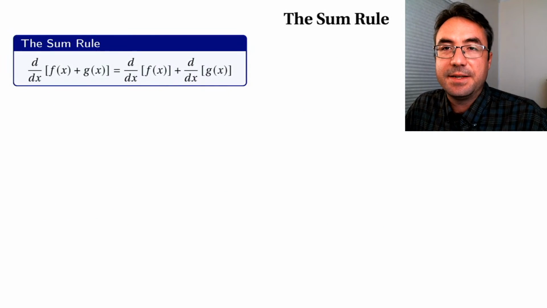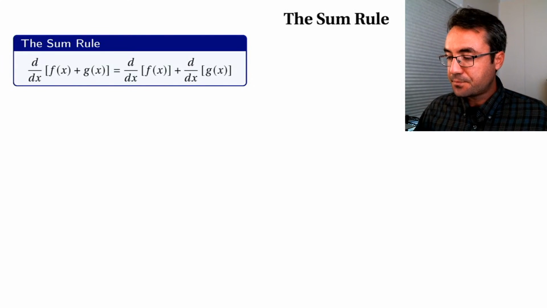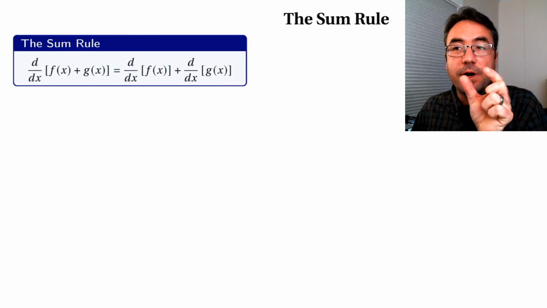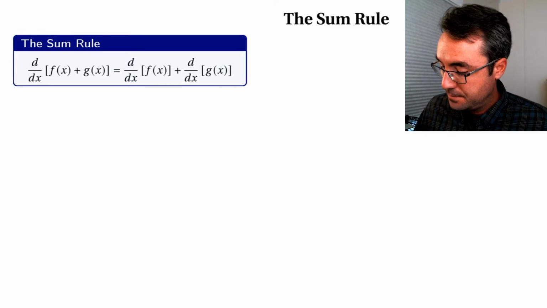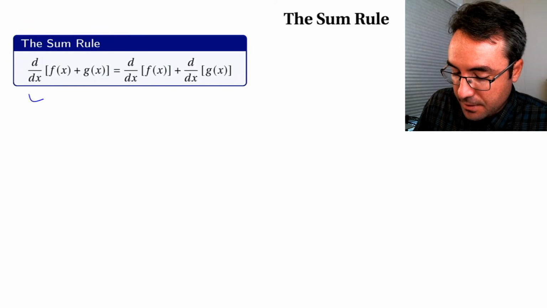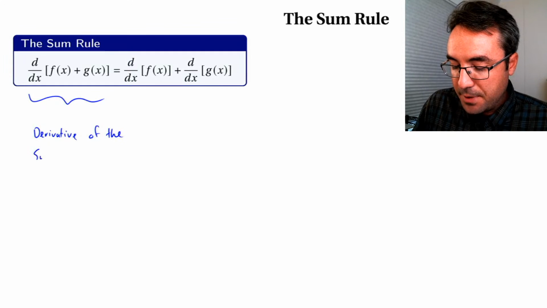So we could just think of it as the sum rule. What this says is it tells us what happens when we have two functions added together and we want to calculate the derivative of that. So on the left side here, this is the derivative of the sum of two functions.